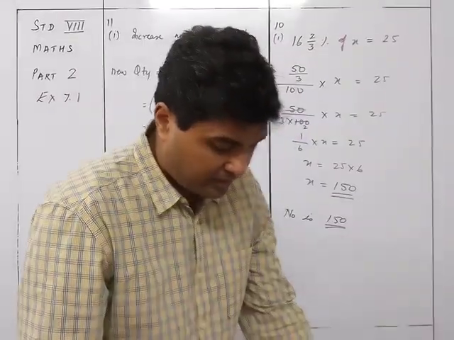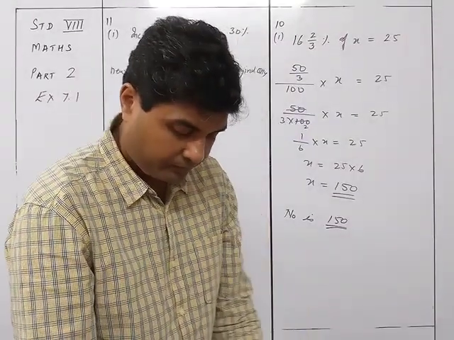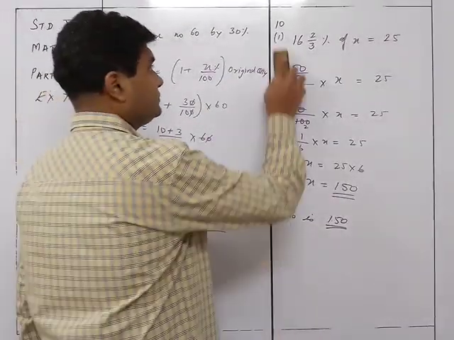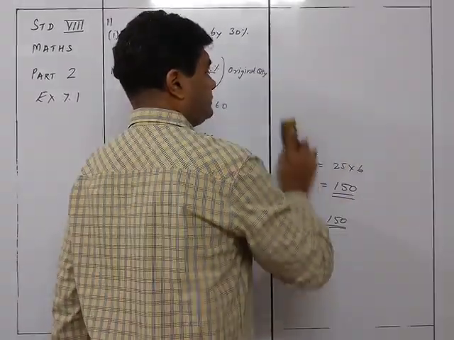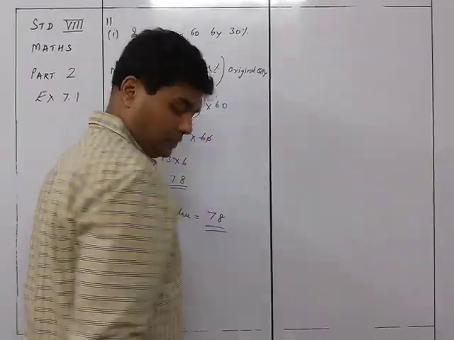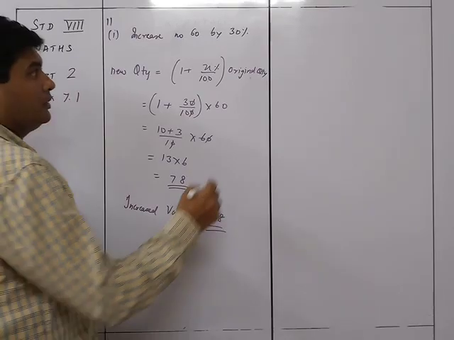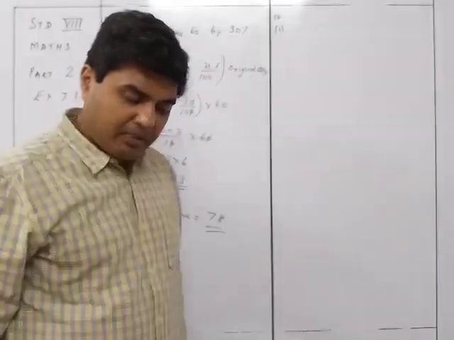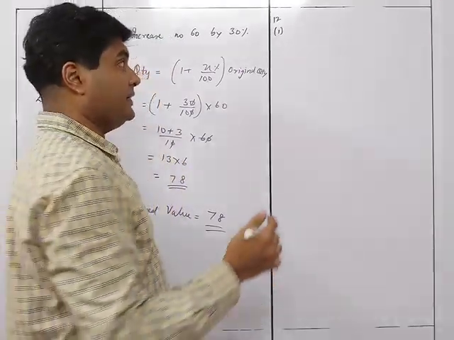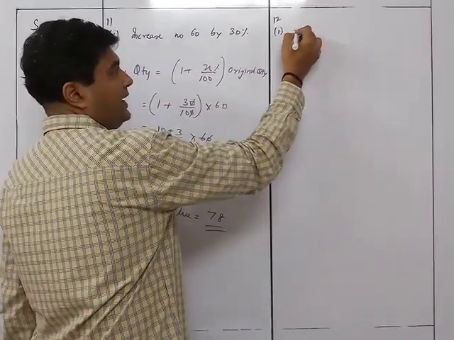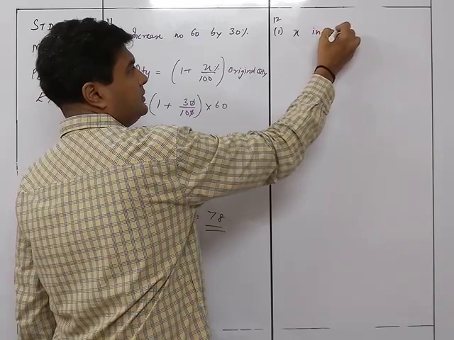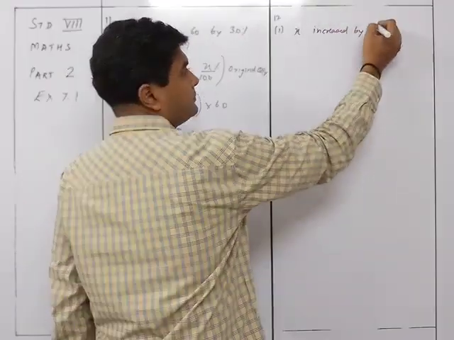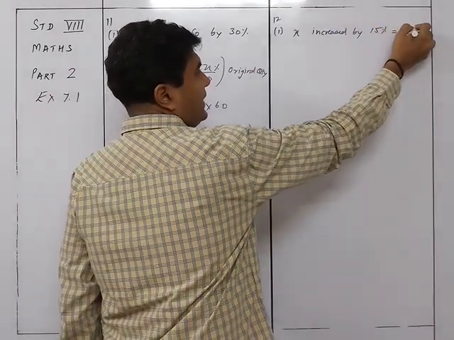Now we move on to sum number 12. What number when increased by 15% becomes 299? So it is sum number 12. Again, what number when increased by 15% becomes 299? That means x increased by 15% is equal to 299.